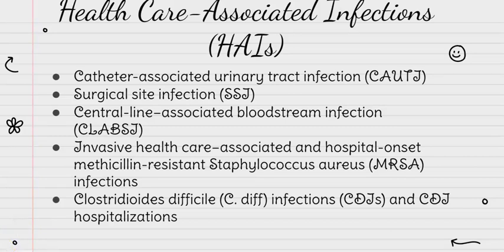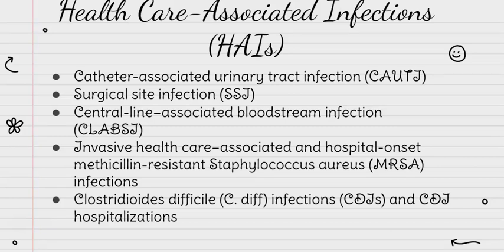These infections can lead to increased patient morbidity, prolonged hospital stays, and higher healthcare costs. They are often caused by bacteria, viruses, or fungus transmitted through contaminated hands, surfaces, and medical equipment.